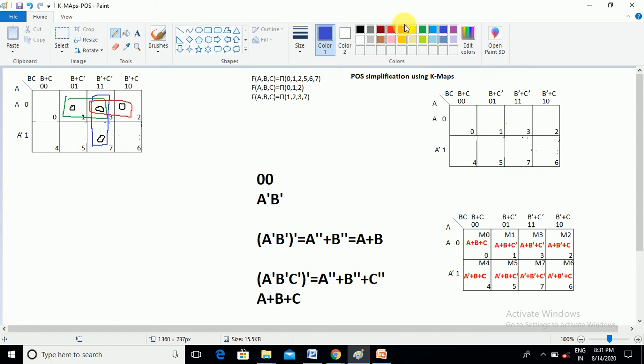Now take the answers. The first group answer will be 1, 3. Who is common? A C dash is common, so the answer will be A plus C dash. What is the next answer for the red color group? 3, 2.